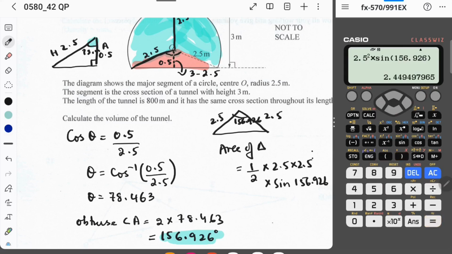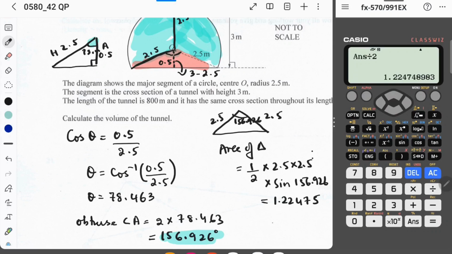This answer we divide by 2, and that is becoming 1.22475. Okay, that is the area of this triangle.